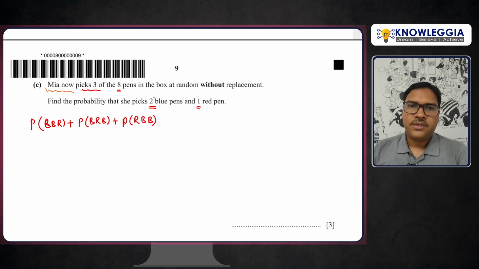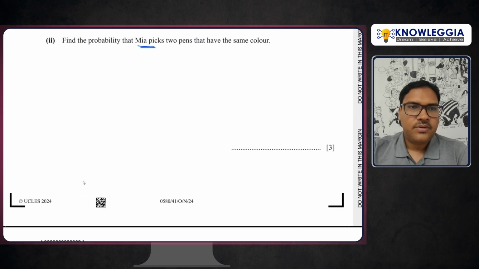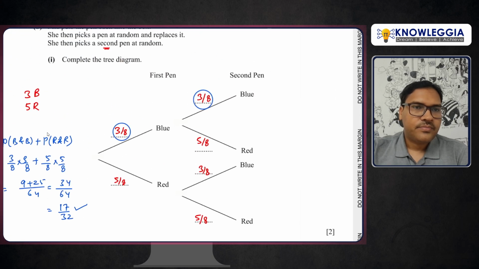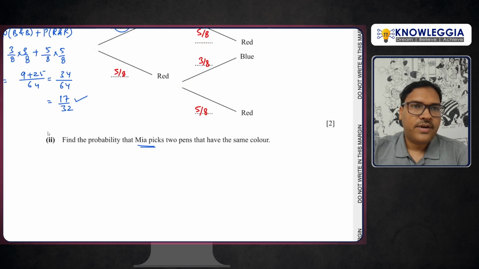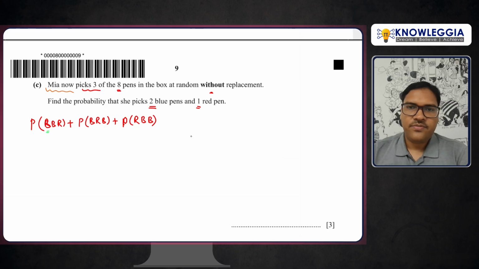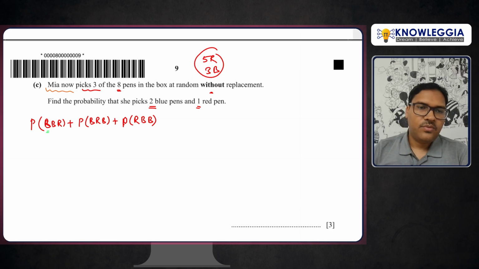Okay. Now see, without replacement. So what we can do is, what is the probability that the first is blue? There are 3 blue and 5 red. Now she is not replacing.